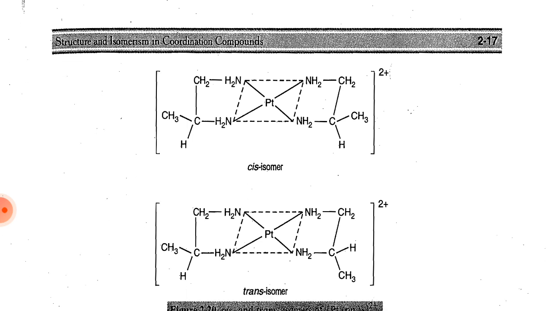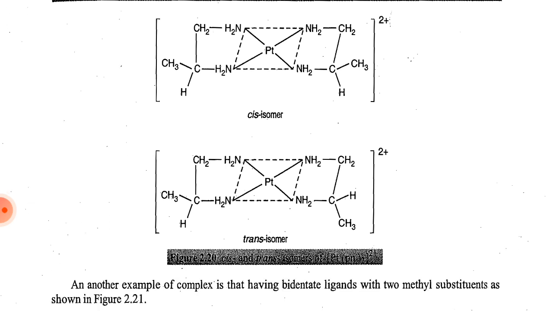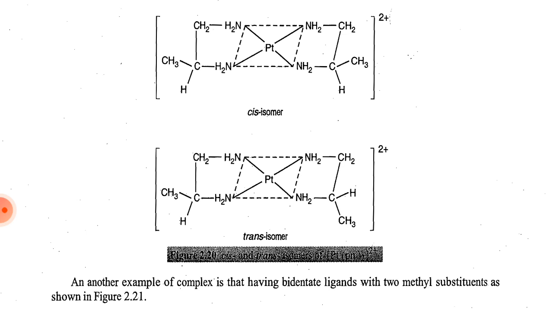In the cis form, NH2CH2CCH3NH2, the ammonia groups are adjacent to each other. In the other, NH2 NH2, though the donor atom is the same, the methyl group is in a different position adjacent to the carbon atom.